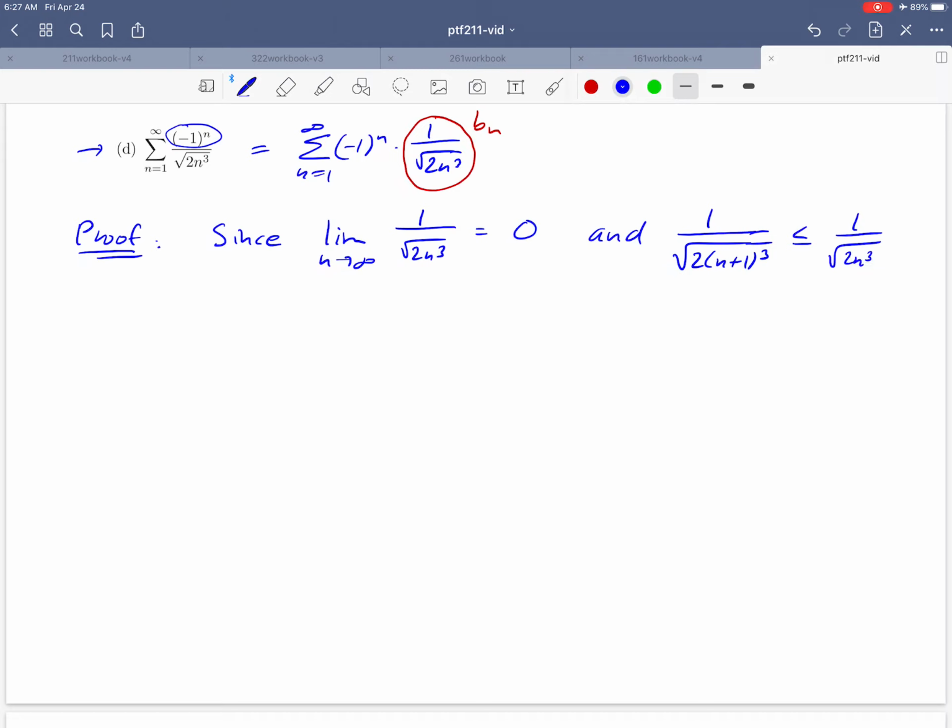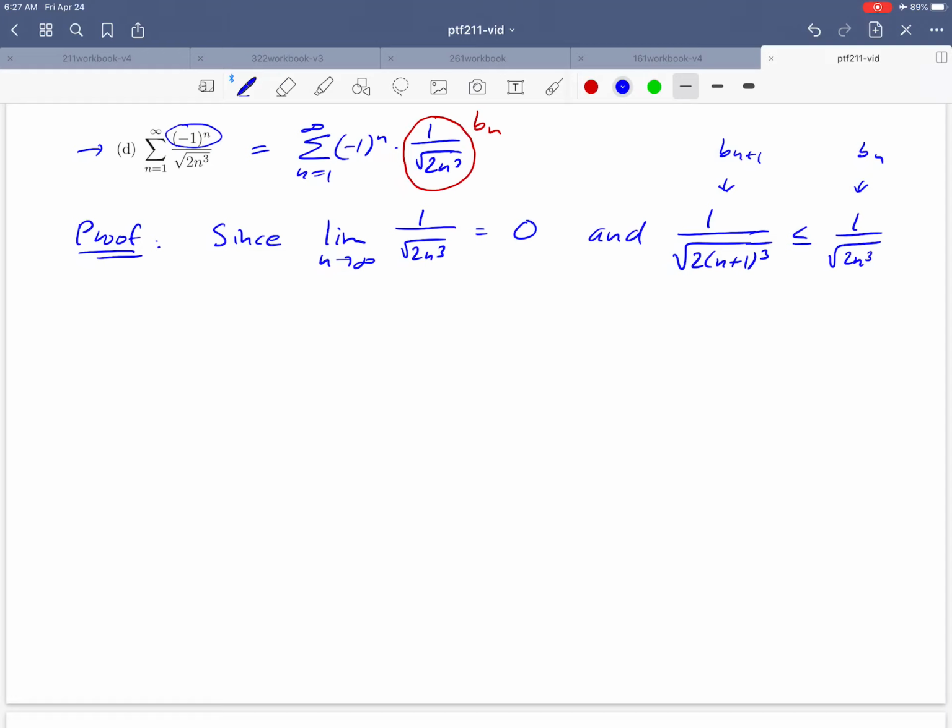What do you think? Do you believe that inequality that we just wrote down? That really has to be true because we've got a bigger denominator on the left than we do on the right. So that's also a true statement, and we've just confirmed that b_(n+1) is less than or equal to b_n. That was the second condition that needs to be true in the alternating series test.